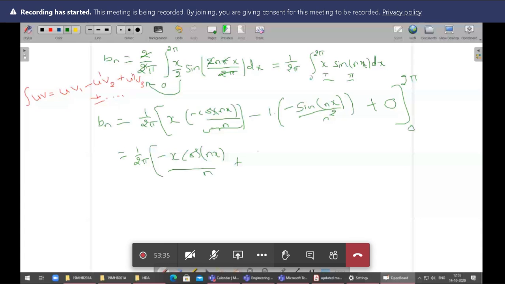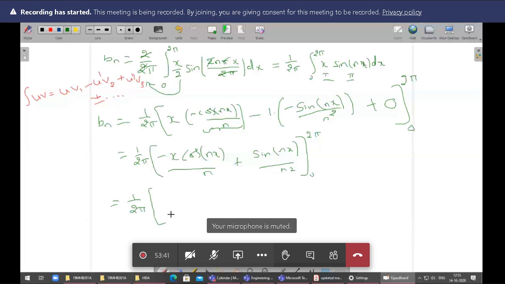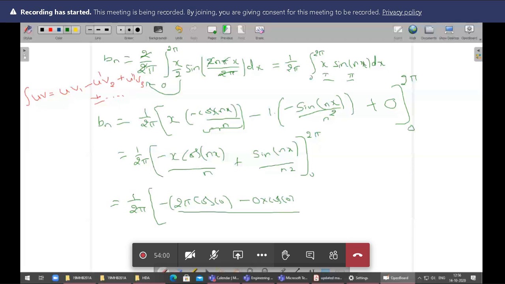So that gives you 1 by 2 pi, apply the upper limit, so we have negative 2 pi into cos 2n pi minus 0 into cos 0, whole divided by n, plus 1 by n square into sin 2n pi minus sin 0. So upper limit minus lower limit.